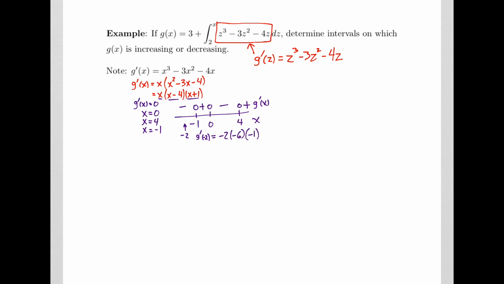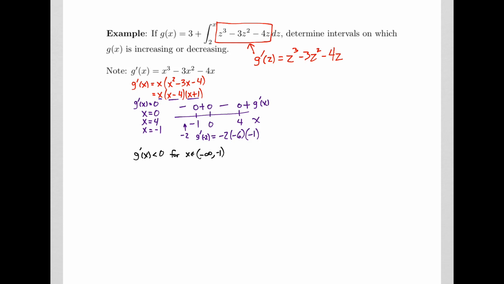So I have a negative value to the left of -1. That means that g prime of x is negative for the interval from -infinity to -1.